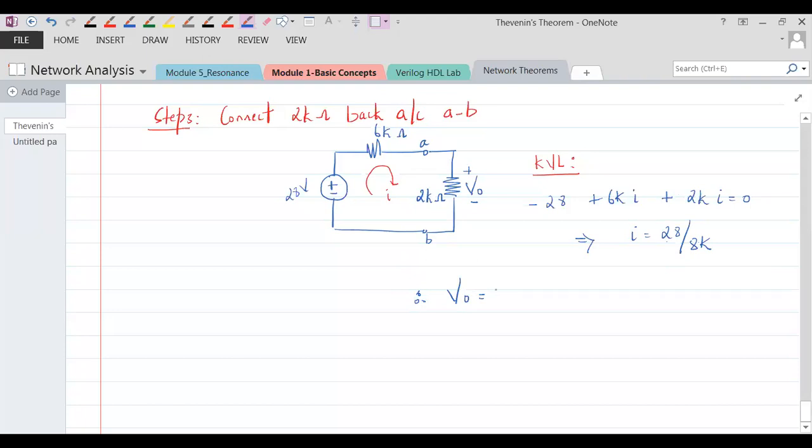So V naught is 2K into I, which is 2K into 28 by 8K. The K's cancel. 2 4s are 8, 4 7s are 28. So V naught is 7 volts.